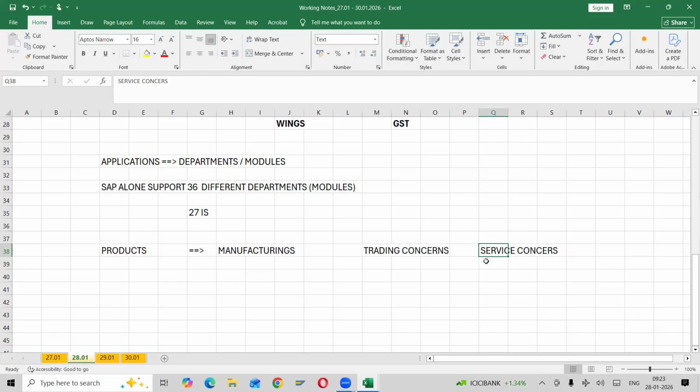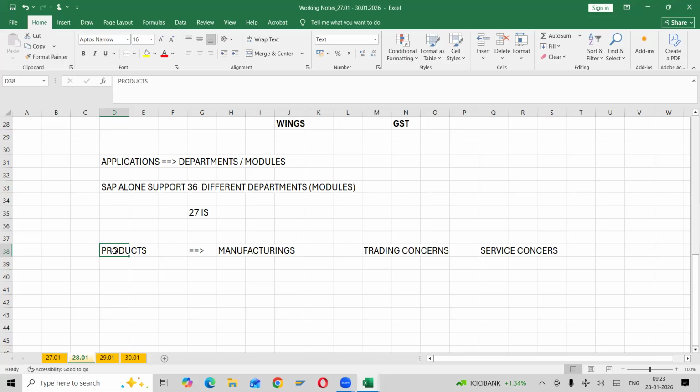So that is the reason SAP supports not only a single product but whatever businesses are there. The entire solution it will give. So that is the reason it is known as products. SAP stands for systems, applications, and products.